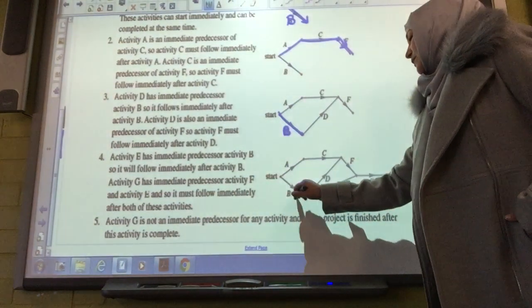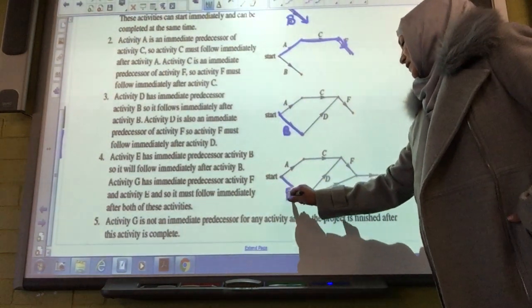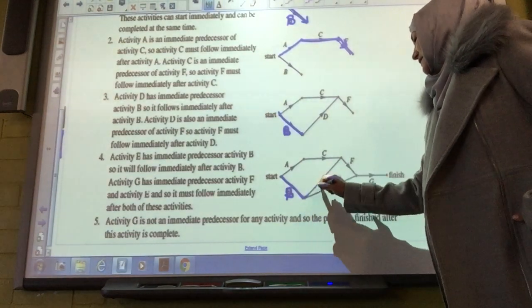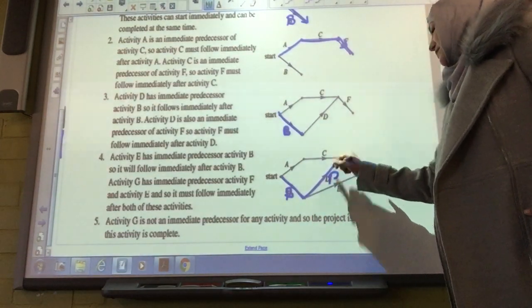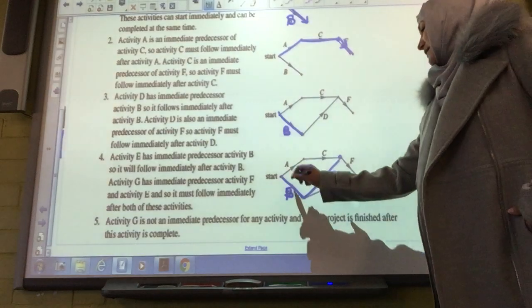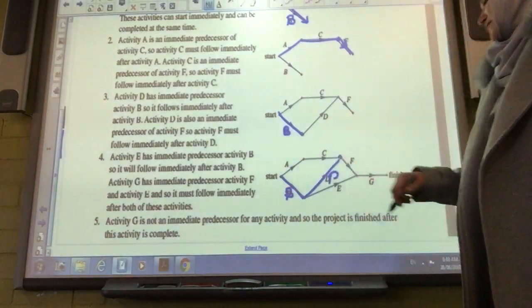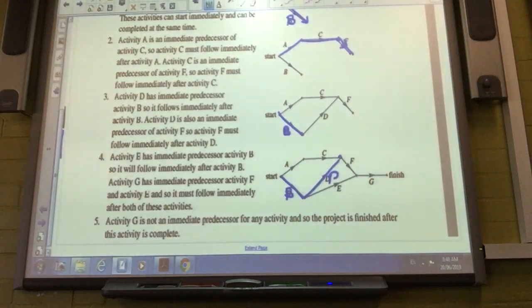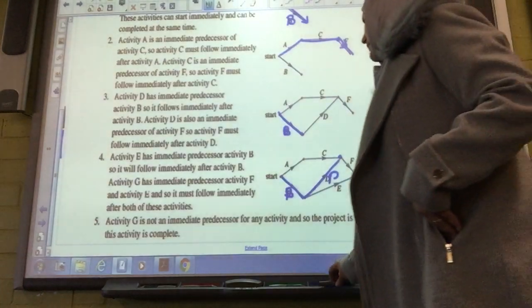So we pulled from B, we connected D to F, and as well C to F. Up to now, we have B and D, E, F.